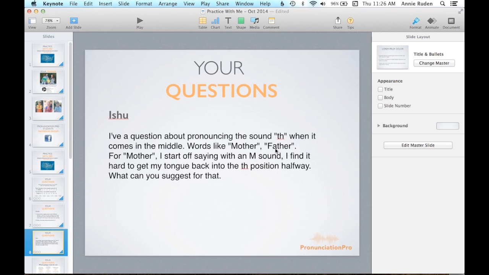So mother, mother, mother. It's just that the tongue is so used to doing a certain movement, so it's really tricky to get your tongue comfortable with that. But it does come with practice. Another trick is to slow it down until you can get your mouth in that position, and then slowly speed up.